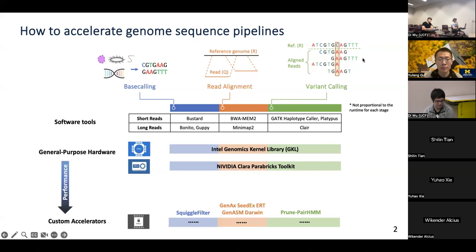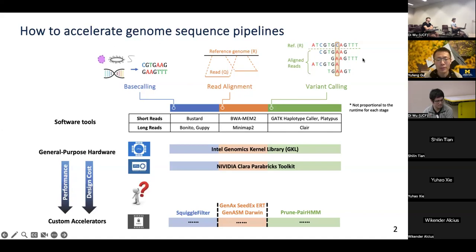Also, there are a lot of custom accelerator designs. They show much better performance than general purpose hardware, but they also have much higher design costs. Whenever a different algorithm comes up, people have to design a new accelerator, because most accelerators only target one algorithm. If we want to use accelerators to perform the entire software pipeline, then we have to think about how to connect these accelerators.